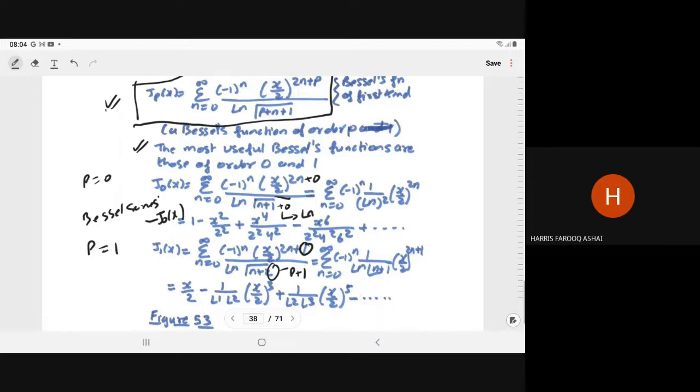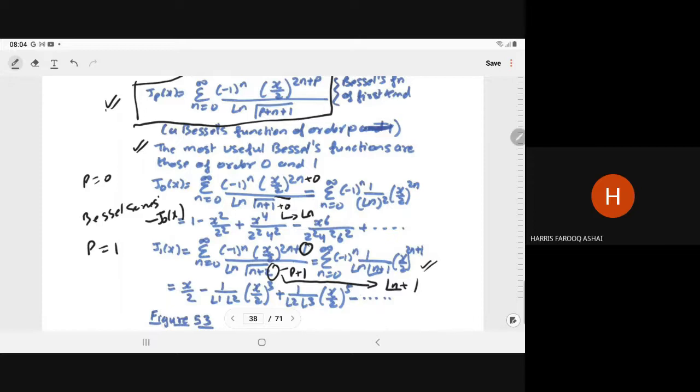Gamma of n plus 2 can be written as factorial of n plus 1. So here we have the summation n from 0 to infinity of (-1)^n into 1 upon factorial of (n+1) into (x/2)^(2n+1).